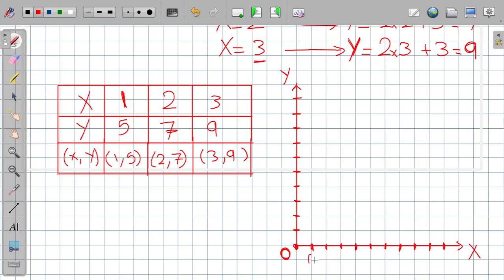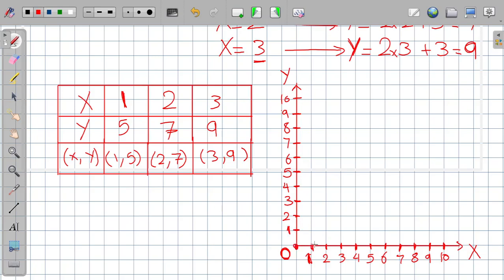So I have 1, 2, 3, 4, 5, 6, 7, 8, 9, 10. And here I have 1, 2, 3, 4, 5, 6, 7, 8, 9, and 10. The first point here is 1 and 5.